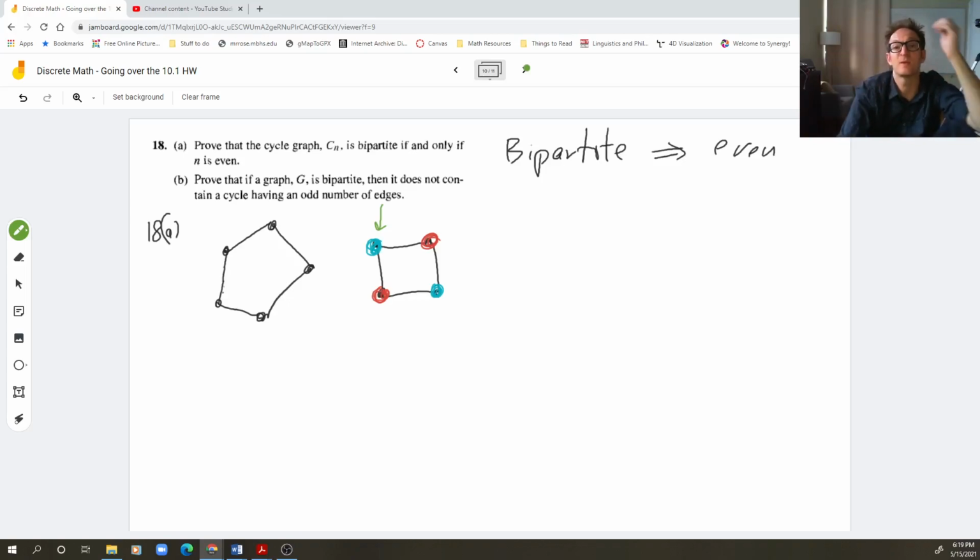You have two sets A and B, and you put the first vertex in one set, and then the vertex adjacent to it in the cycle must be in the other set, and you keep alternating, such that whether you're colored blue or red depends on the length of the walk from this arbitrary first vertex.